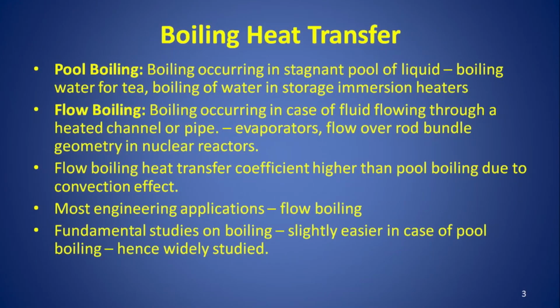So, let me go back to the slides here. So, flow boiling, as you see, is boiling occurring in case of fluid flowing through a heated channel, which could be a pipe, evaporator, or a rod bundle geometry in nuclear reactors.